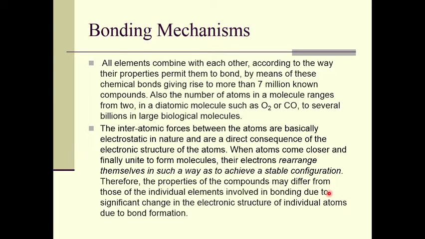Therefore, the properties of the compounds may differ from those of the individual elements involved in the bonding, due to the significant change in the electronic structure of individual atoms due to bond formation. Whatever the electronic structure of the two atoms before forming the bond, that electronic configuration completely changes after the formation of the bond, and because of that the properties of the molecule are different from those of the individual atoms, right?